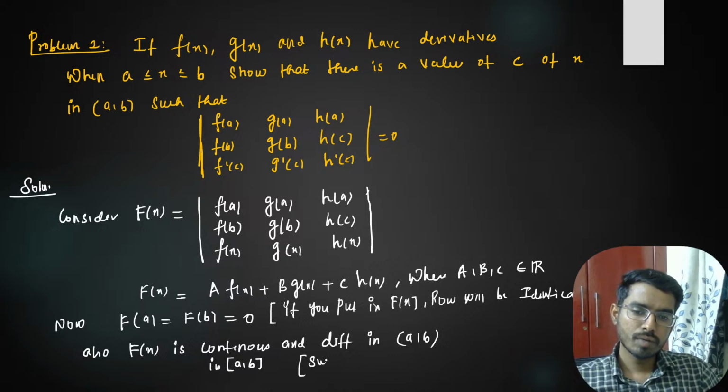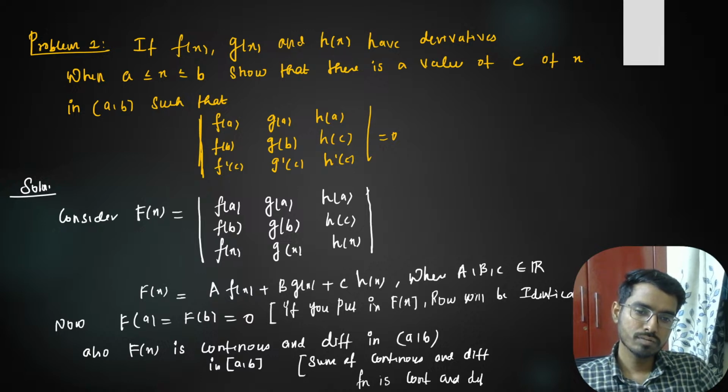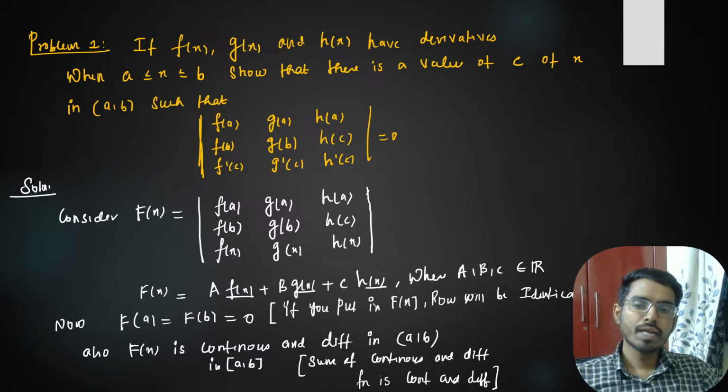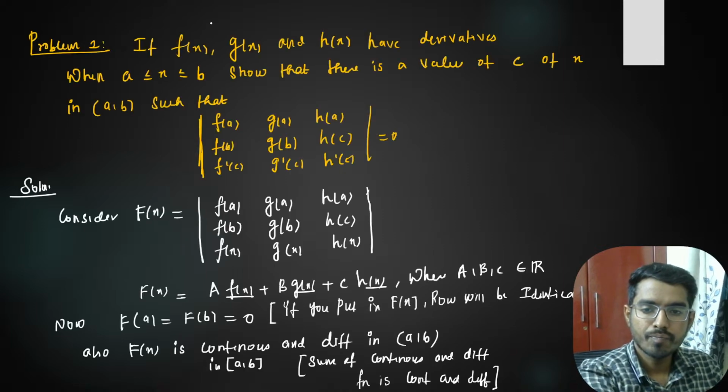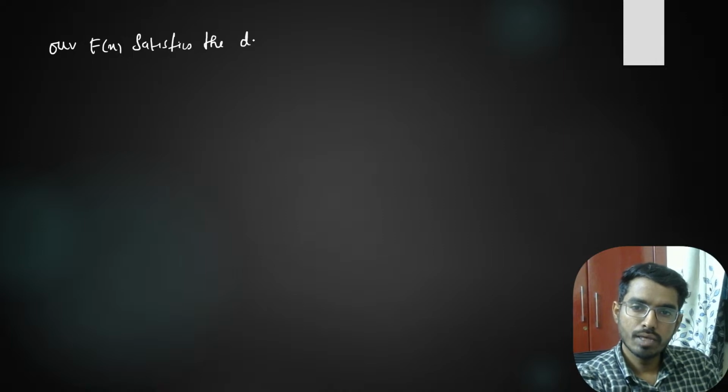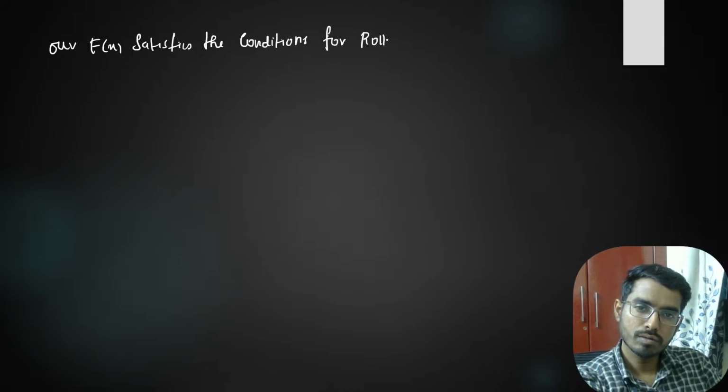A sum of continuous and differentiable functions is continuous and differentiable. Individually, all are continuous and differentiable. That means our capital F of x satisfies the conditions for Rolle's theorem.